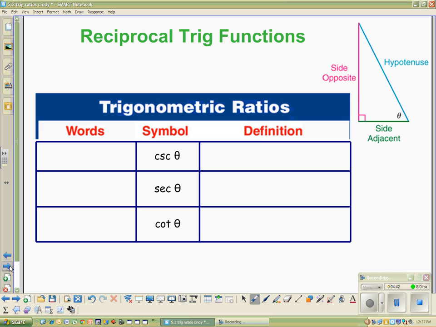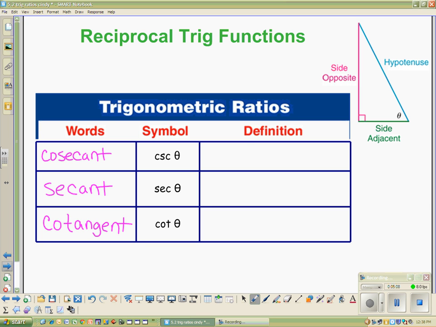What you haven't had, though, are the reciprocal trig functions. There are 3 more trig functions that you have probably never been exposed to. One is abbreviated csc, which stands for cosecant. sec stands for secant, and cot stands for cotangent.